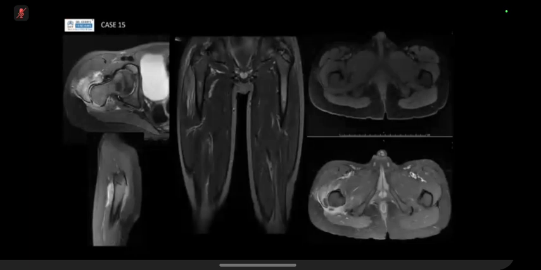This is an MRI image showing soft tissue edema at the right femur and greater trochanteric region, with muscle edema, soft tissue edema, and involvement of the cortex, which appears iso on T1 and hyper on T2.